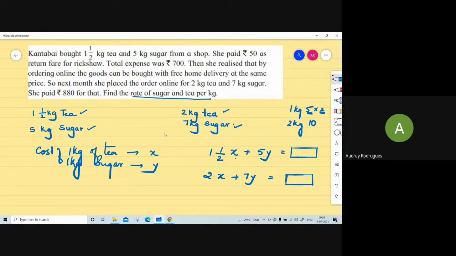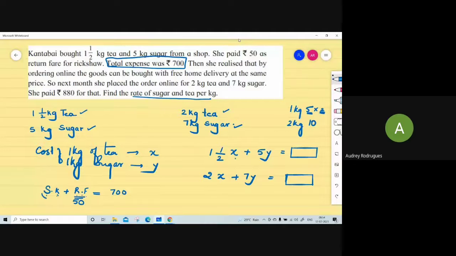But here, students, remember that she paid a total expense of 700. That means in the 700, she paid the shopkeeper plus the rickshaw fellow. This is shopkeeper and rickshaw fare. So shopkeeper plus rickshaw fare was 700. But rickshaw fare we know is rupees 50.